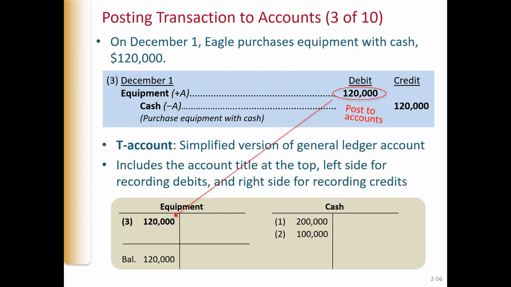So in posting to equipment, we debit the 120. And then in cash, we credit the 120. Remember, when we credit cash, it's going to reduce our cash balance.